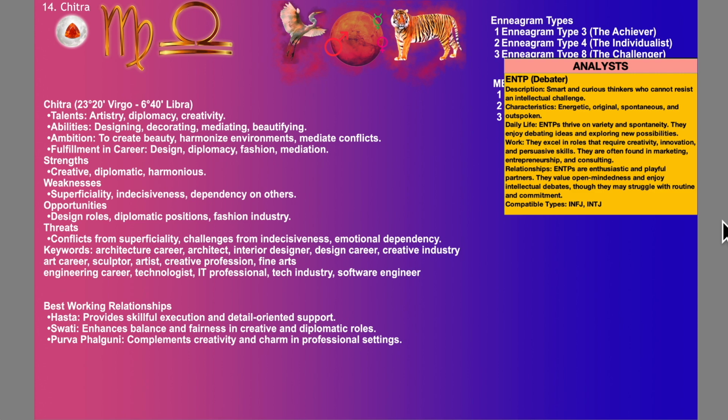Their characteristics are they're energetic, original, spontaneous, and outspoken. They thrive in variety and spontaneity, more like Libra. They enjoy debating ideas and exploring new possibilities. In work, they excel in roles that require creativity, innovation, and persuasive skills. They are found in marketing, entrepreneurship, and consulting.